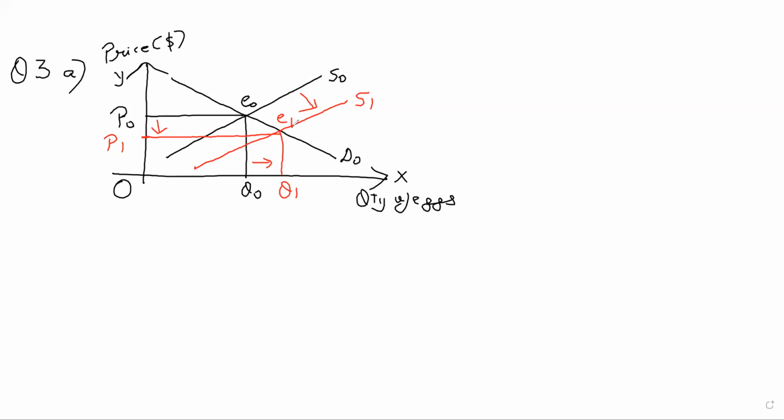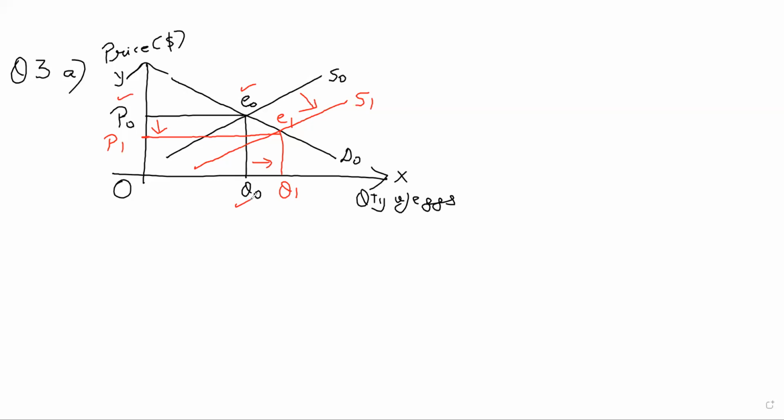You will just write that quantity of eggs is measured on the x-axis, price is measured on the y-axis, D0 is the initial demand curve, S0 is the initial supply curve, E0 is the initial equilibrium, P0 is the initial price, Q0 is the initial equilibrium quantity. When price of grain that is fed to hens falls, more grains will be fed to hens.